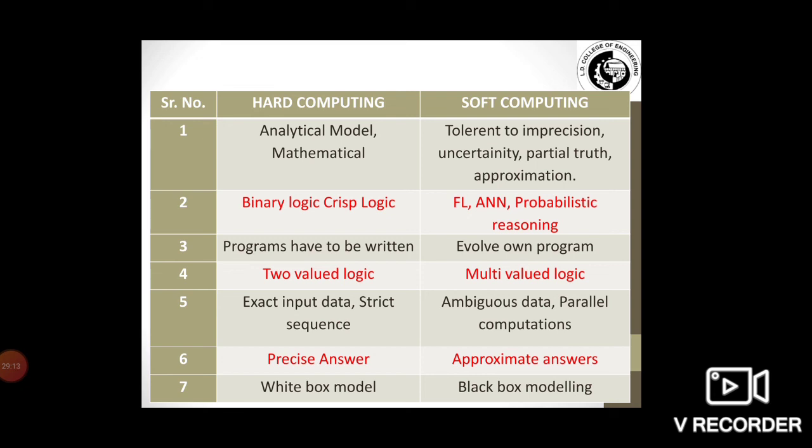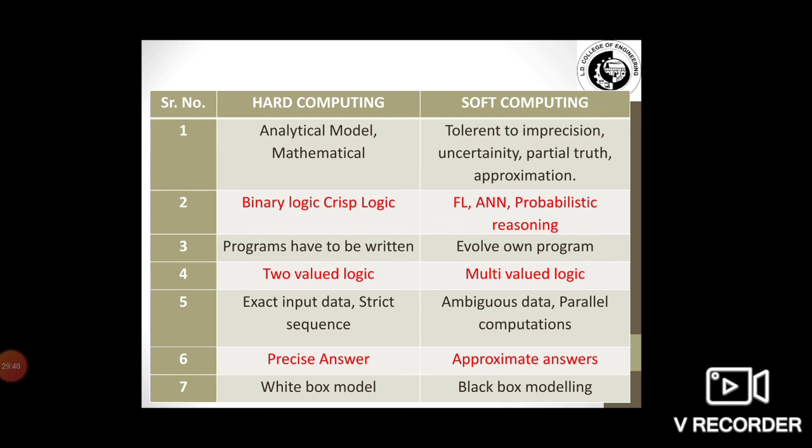Hard computing is known as the white box model, but soft computing is known as the black box model. That is one of the important things, because in hard computing, whatever you are doing is on your pen and paper. You have the references, you have the records of whatever computations you are doing. But in soft computing, the computations are done by the soft computing technique or the software itself.